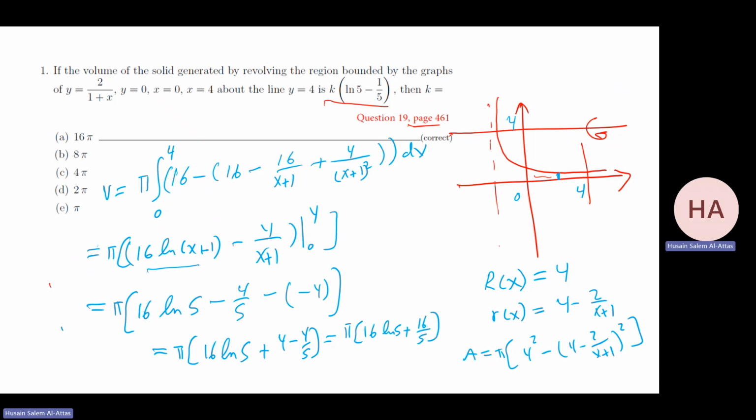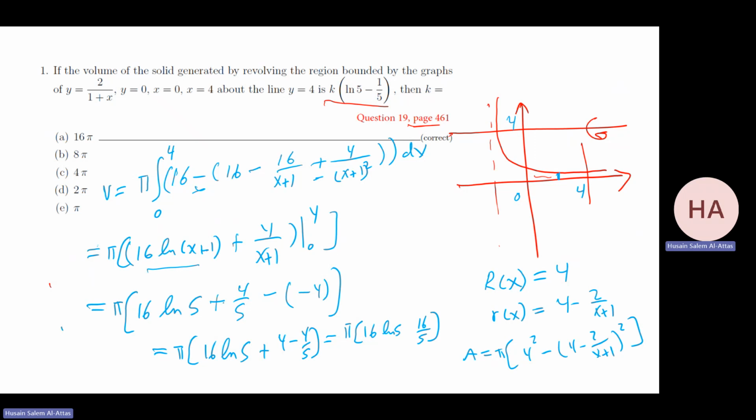Minus. Is it plus or minus? Did I make a mistake somewhere? That will be plus 4 over x plus, sorry. That is minus times this, so this is plus.